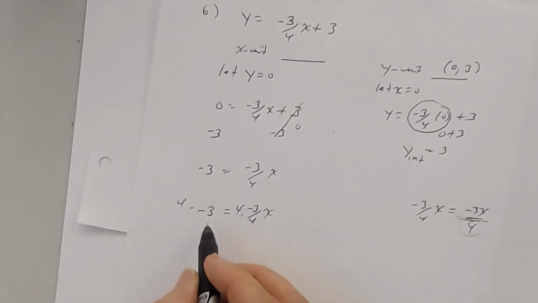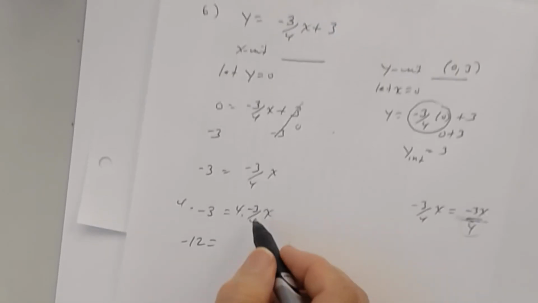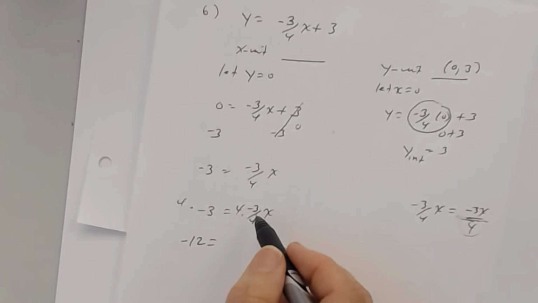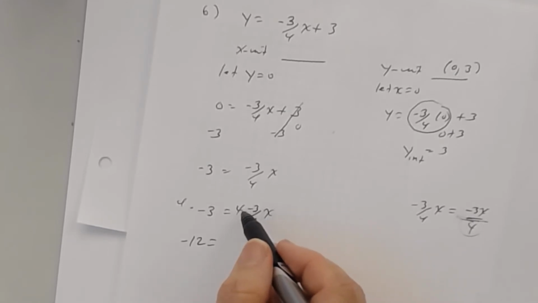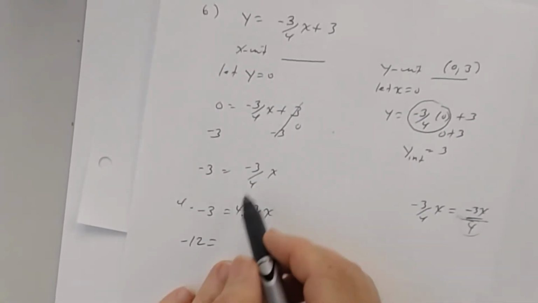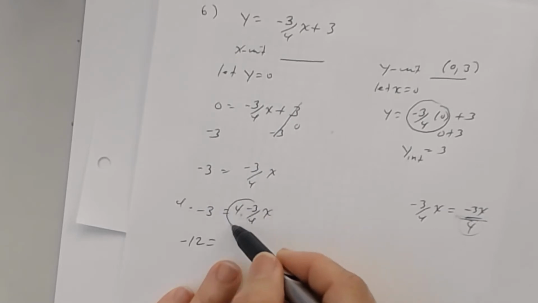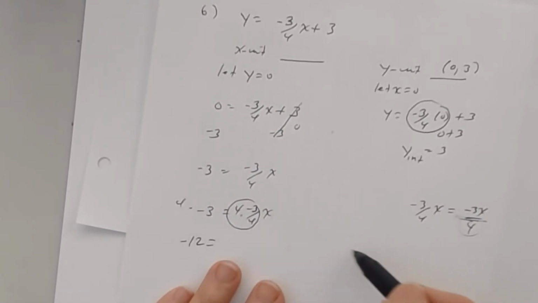And then notice what happens. What's 4 times a negative 3? Negative 12 equals. Now, you can reduce or you can multiply first. So if I multiply, I want you to think about this. What is 4 times a negative 3?